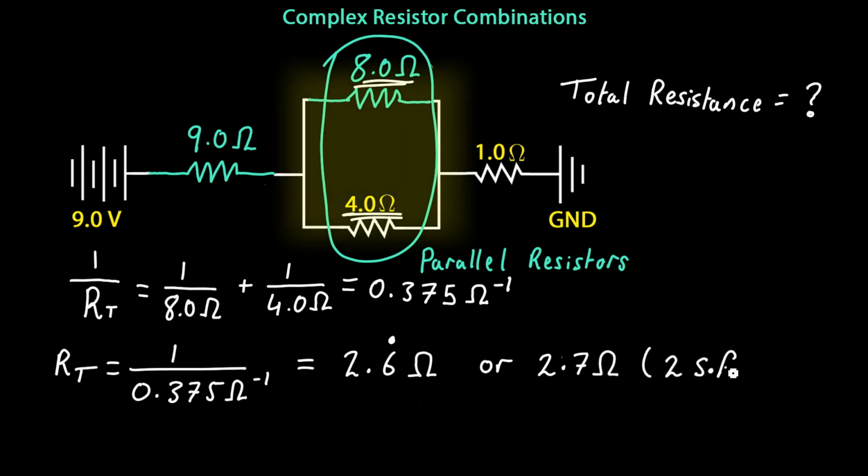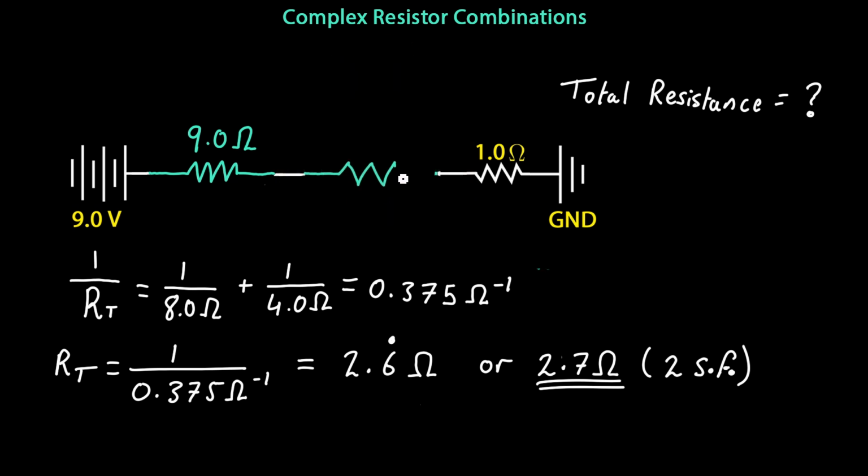So now we can replace this parallel section with this equivalent resistance. This leaves our circuit looking like this, where we have 3 resistors in series. What's the last thing we need to do to find the total or equivalent resistance for these 3 resistors in series?